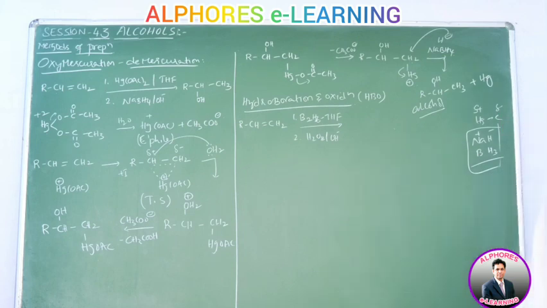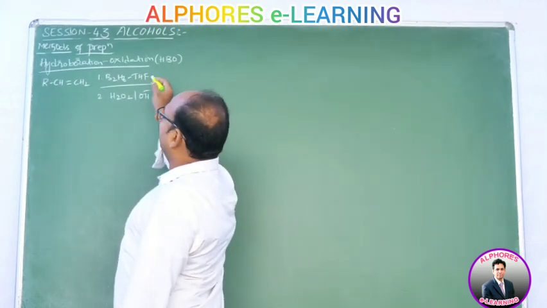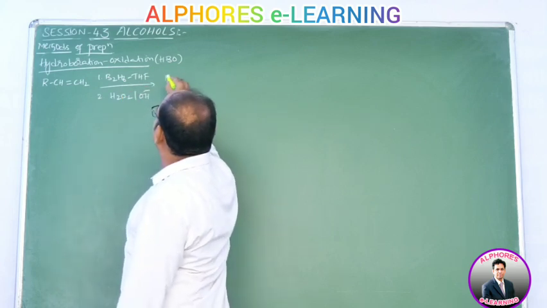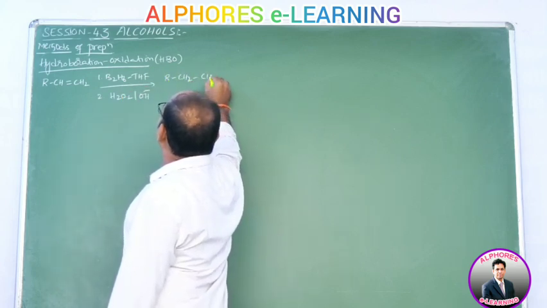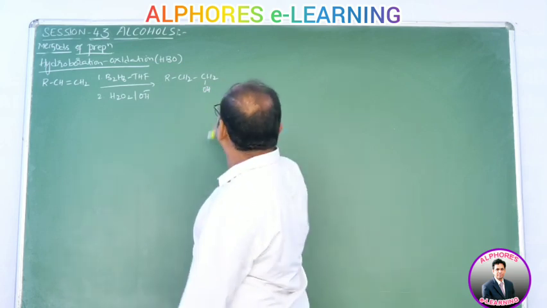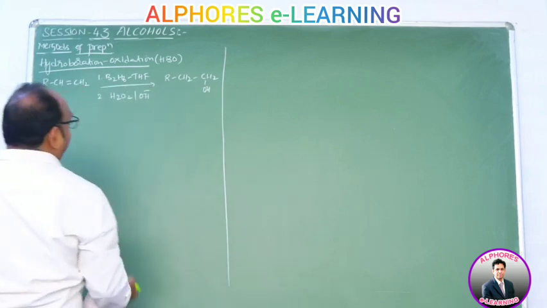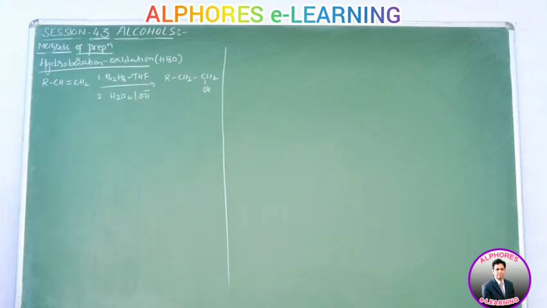Let us check. In hydroboration oxidation, indirect addition of water to an unsymmetrical alkene, we get the product RCH2CH2OH. Let us see the mechanism: why it follows Markovnikov rule, but still you get the anti-Markovnikov product.